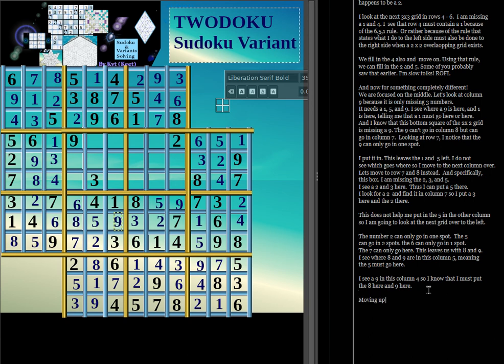Moving up to that box with the 9, and I am missing the 1. And notice that 2 spots are valid for the 1. I look at the 2 and find it can only go in one spot legally.